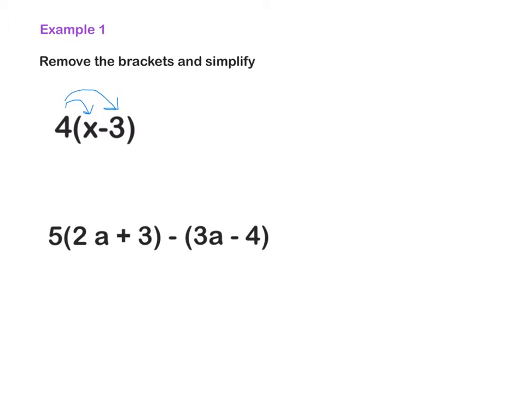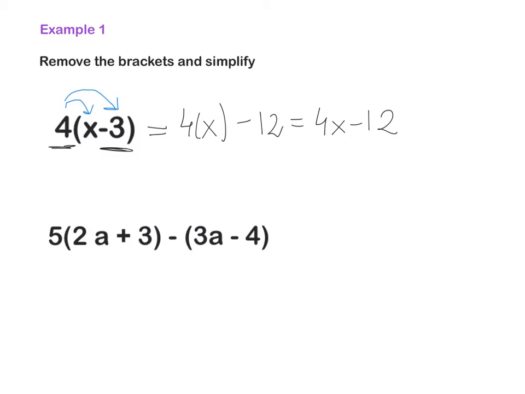For today you need to draw the arrows for what you want to multiply. 4 multiplied by x, and then 4 multiplied by minus 3. 4 by minus 3 is minus 12, so we can write down 4x minus 12.